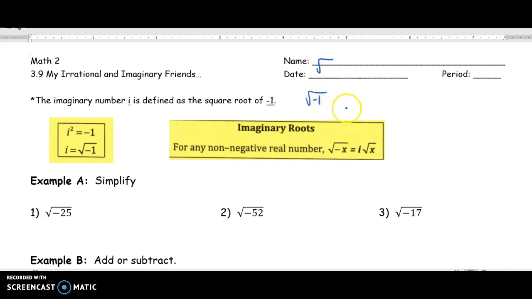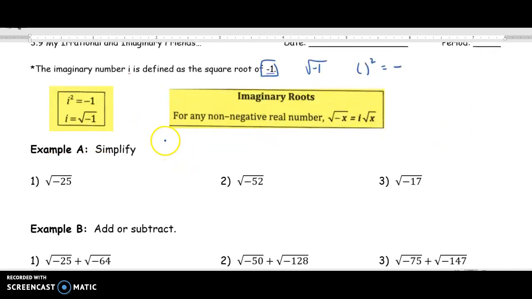Well, if that number inside is negative, there are no numbers that you could raise to the second power and get a negative, because it'll always be positive. Therefore, we have to have something in place of the square root of -1.